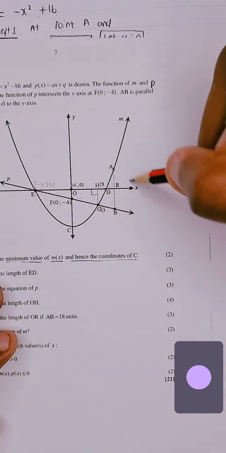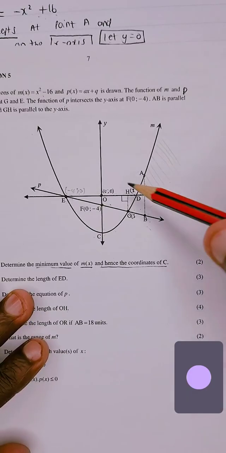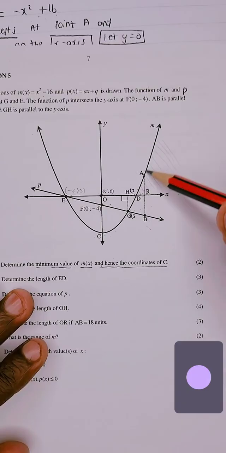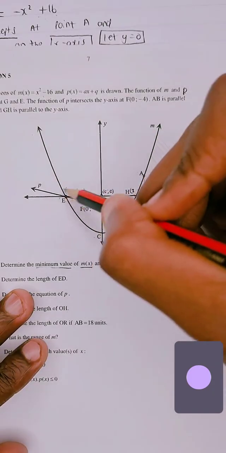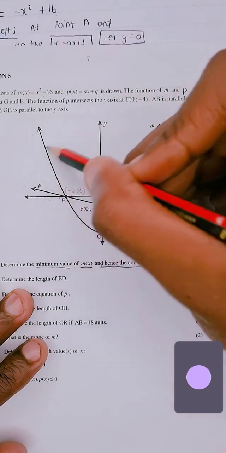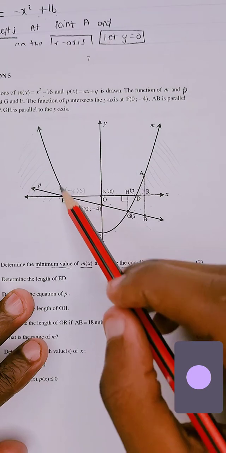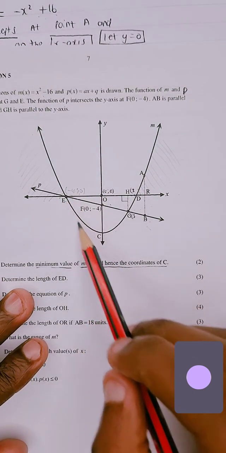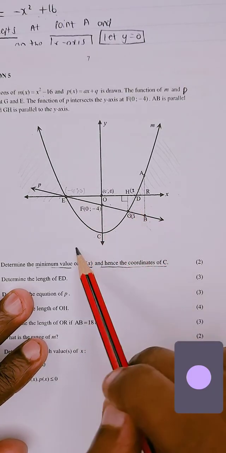So I'm going to show you where that is. You see this region? Look at the parabola. Here it is above the x-axis. Look at this region. Here, the parabola is above the x-axis. But from here to there, the function is below the x-axis.